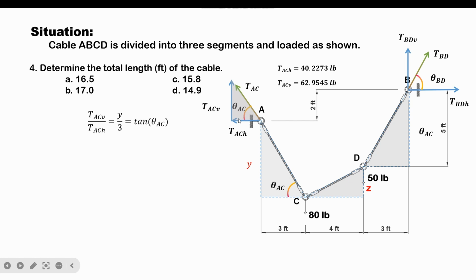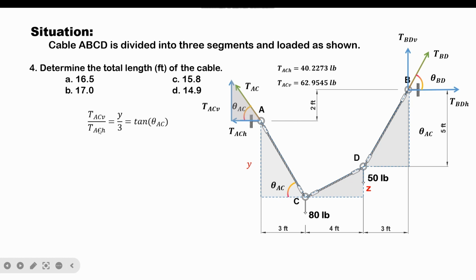Tan theta AC from the triangle force representation would be opposite, which is TACV, over the adjacent, which is TACH, equal to the tan value of theta AC from this triangle. So tan theta AC would be equal to opposite, which is Y, over the adjacent, which is 3.